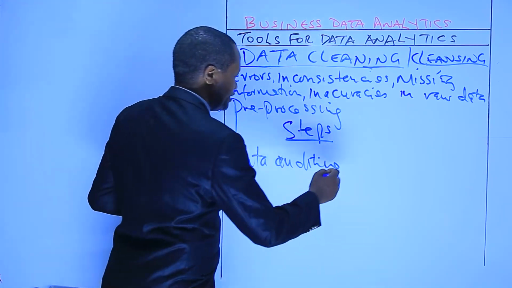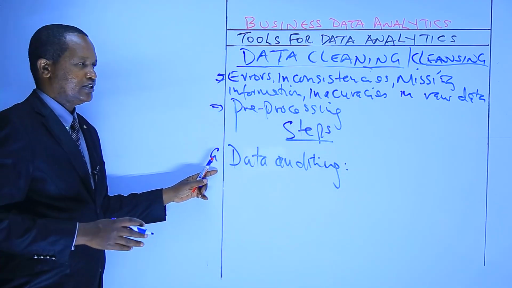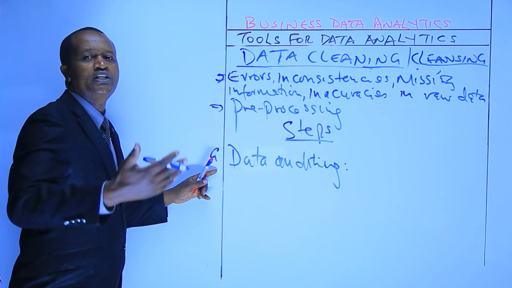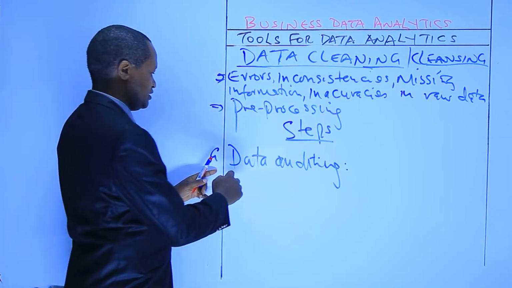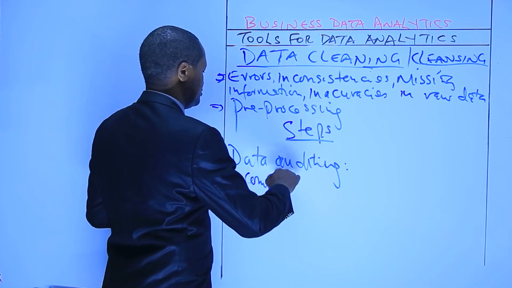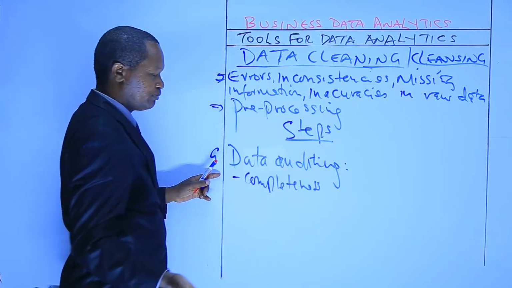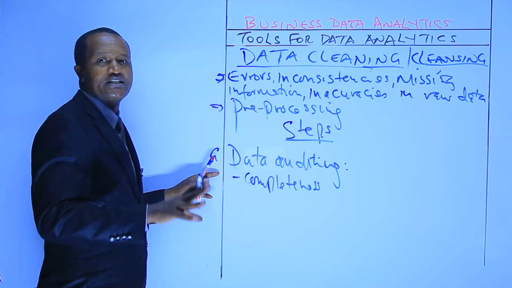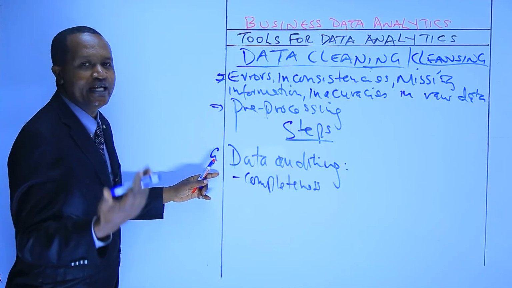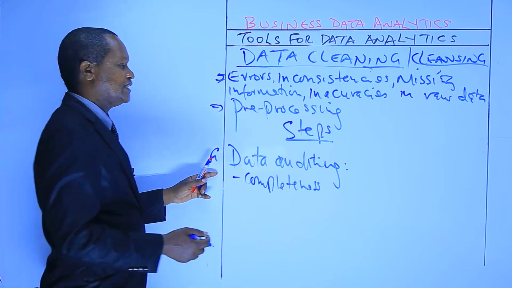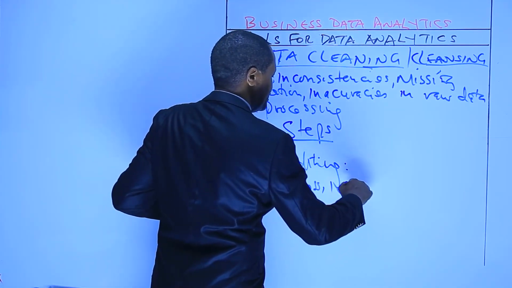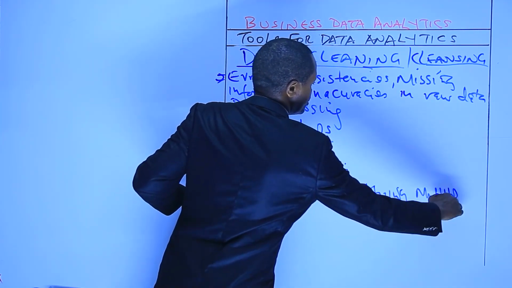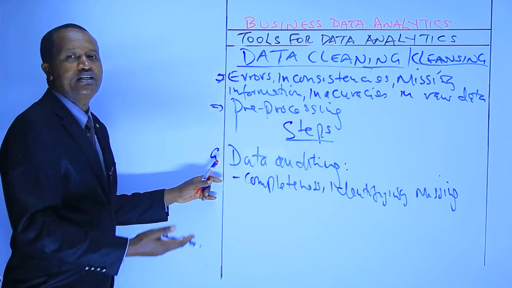So when auditing data, candidates, I repeat, the processes that take place involve checking data for completeness. Is the data complete? Does the data have all the required components? Is it complete? Or are there any missing values? It may involve identifying missing information.